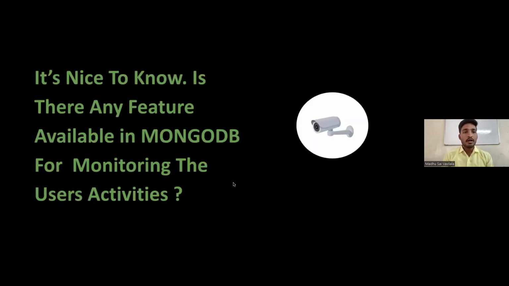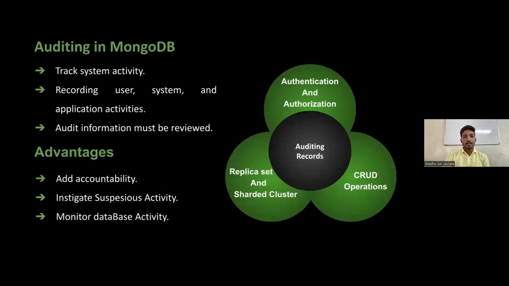Okay. We have locked our system, but we need some more betterment in the security. That is, we would like to monitor how users are performing on the DB side. Yes, you are hearing right. MongoDB has a CCTV camera-like feature called auditing.